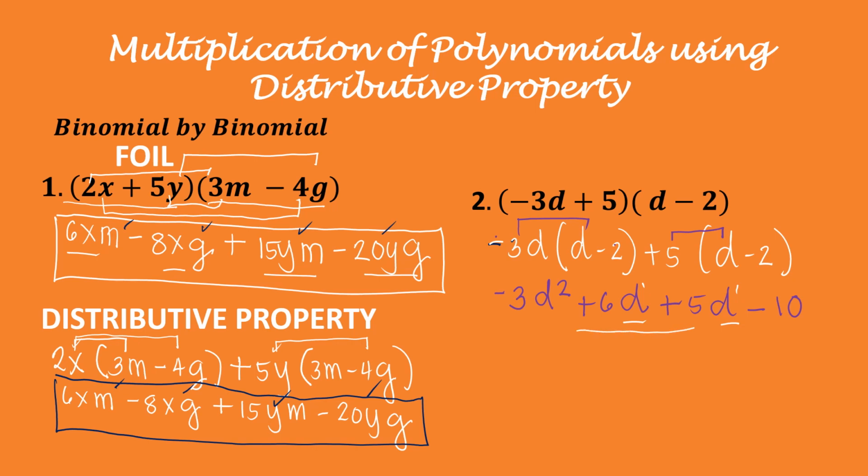Thus, for this, we can combine the 6 and the 5. So therefore, it will give us a final product of negative 3d squared plus 11d minus 10. So this is already our final product in number 2.